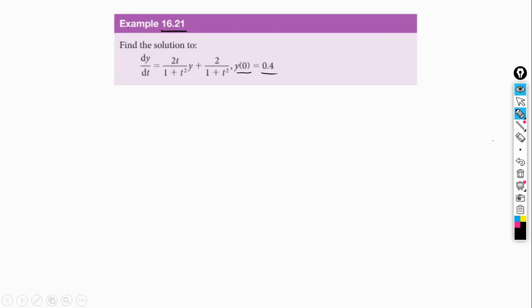So the first thing we need to do is rearrange this, and it's going to be dy/dt minus 2t over 1 plus t squared times y is equal to 2 over 1 plus t squared. Now we need to find the integral of p of x, right?